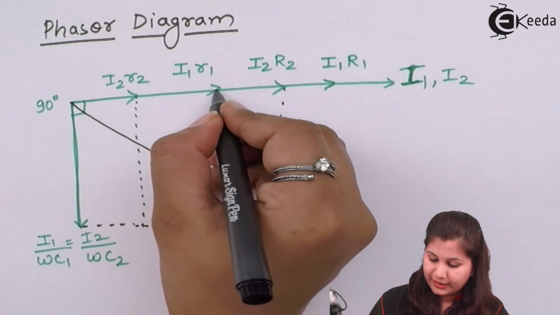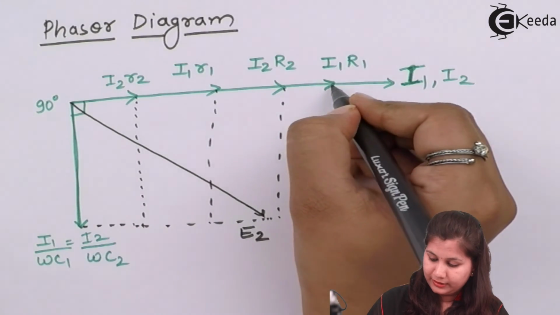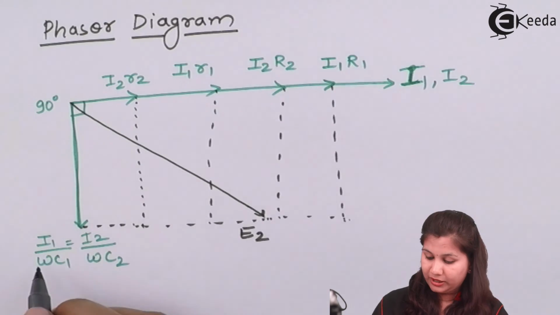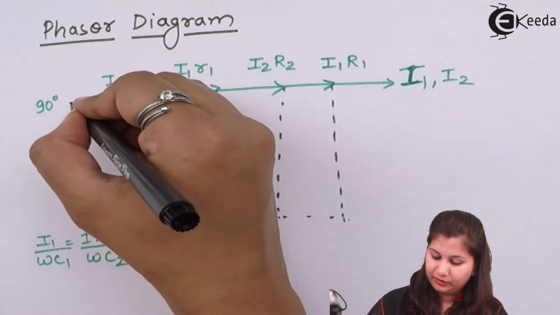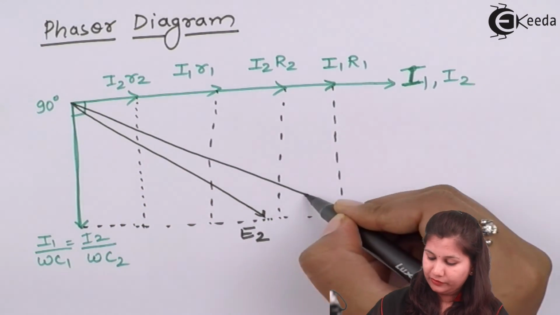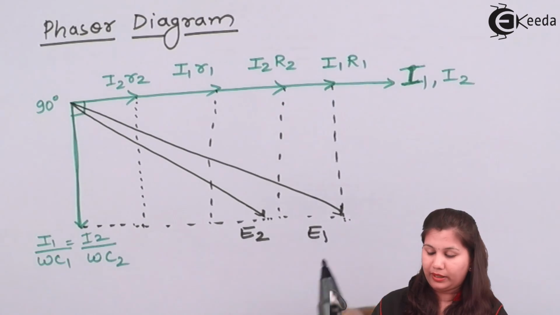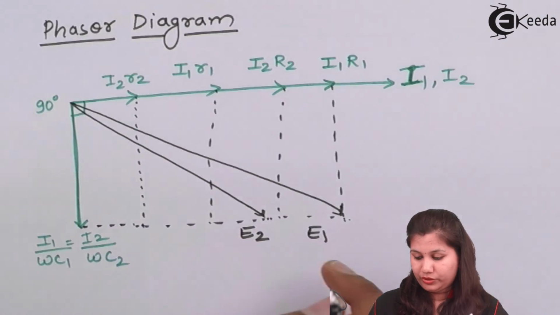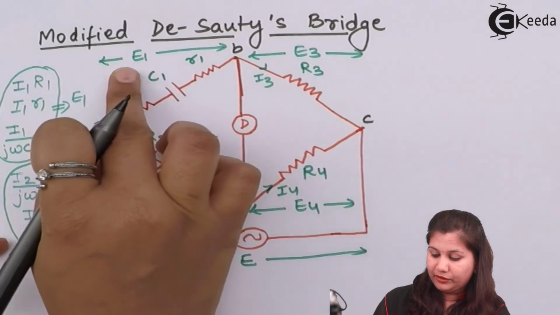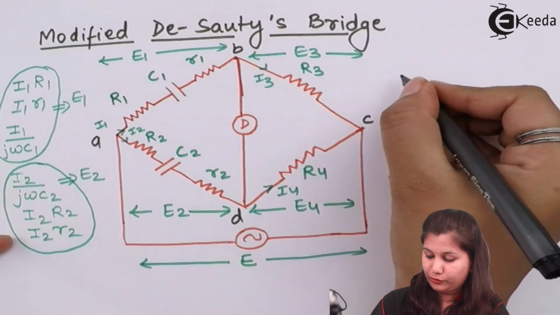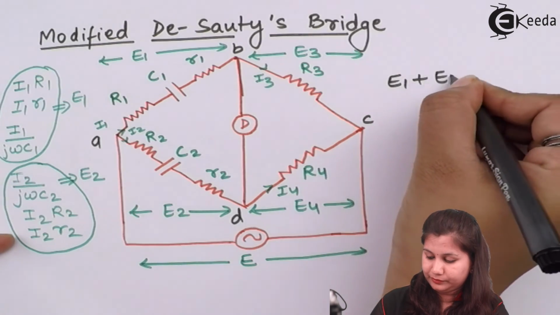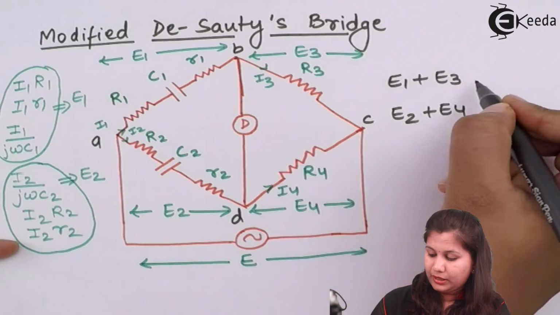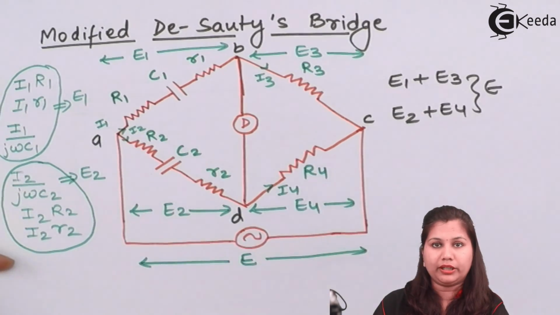And if we extend this I1 R1 and this I1 small r1, we will get the voltage I1 upon omega C1 plus this I1 capital R1, we will get E1. Okay. Now E1 plus E3, and E2 plus E4, is equal to the total voltage E.